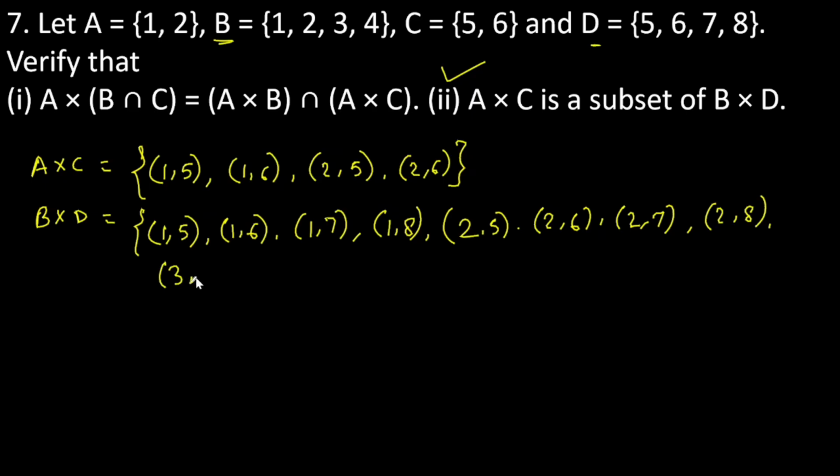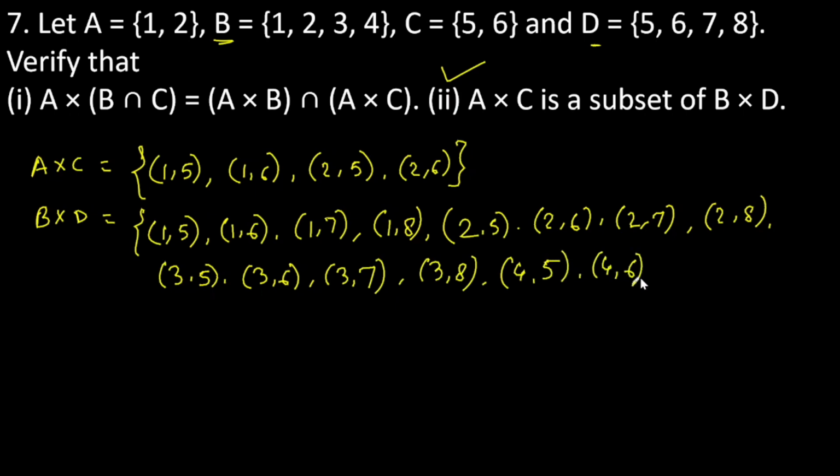Next 3, 5, 3, 6, 3, 7 and 3, 8. Next last 4, 5 and 4, 6, 4, 7 and 4, 8. These are the ordered elements of B cross D.